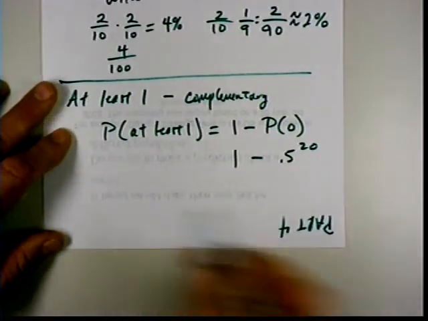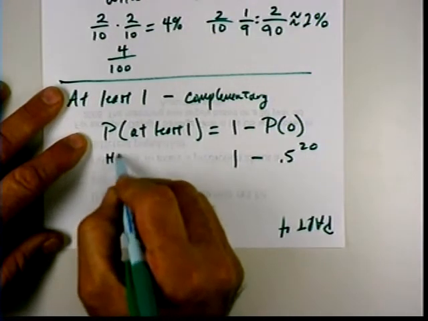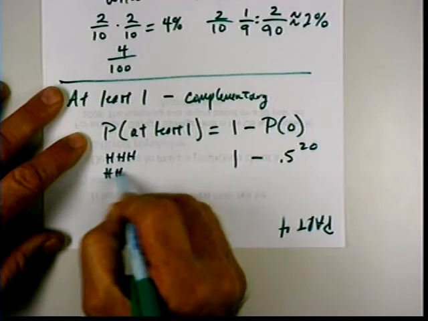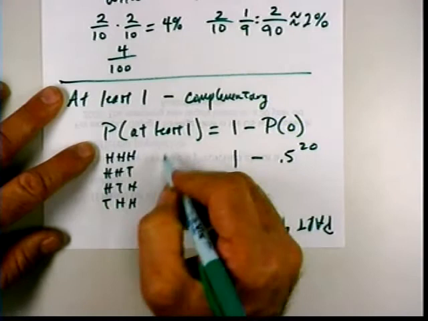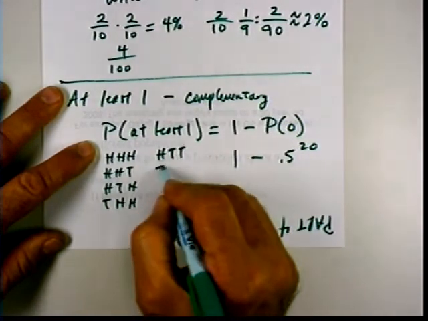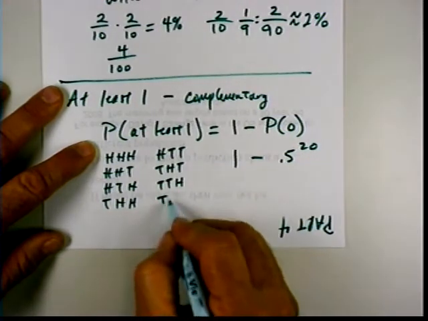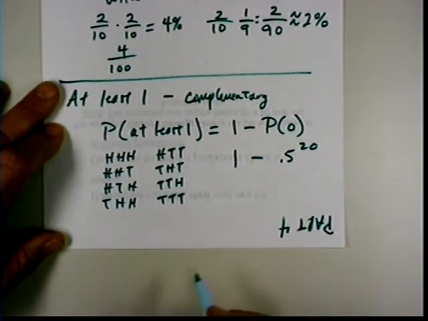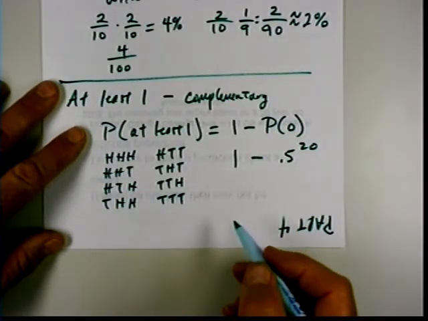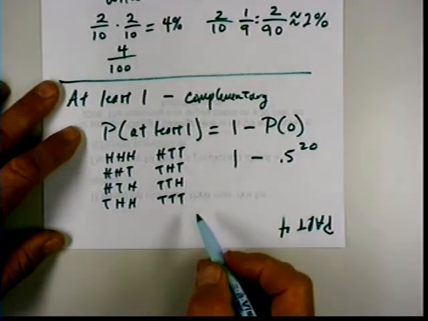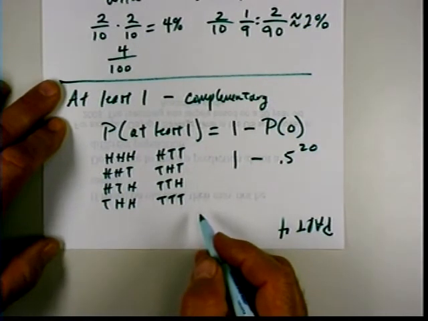For example, if we had 3 coins, the sample space would be heads, heads, heads; heads, heads, tails; heads, tails, heads; tails, heads, heads; heads, tails, tails; tails, heads, tails; tails, tails, heads; and tails, tails, tails. With 3 coins and 2 different ways to arrange each, you have those 8 possibilities.